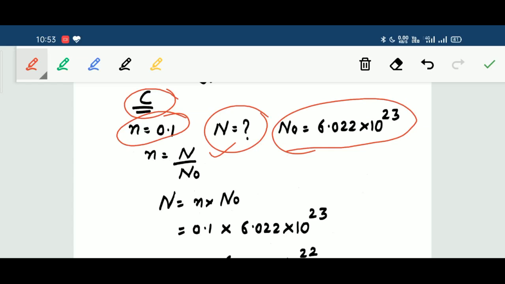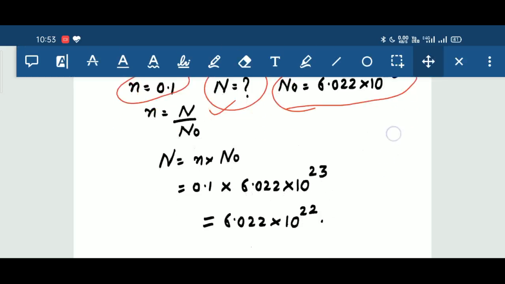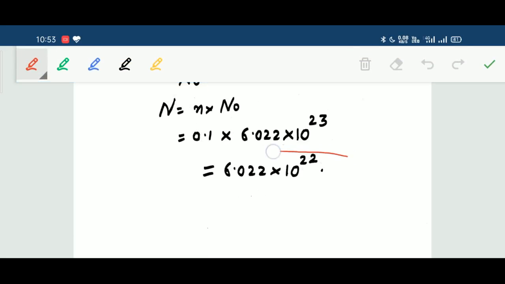In this case, the formula is C. That means in this case, the smallest particle will be your atoms. So we have to find the number of carbon atoms, and using this formula, the answer comes out to be again 6.022 into 10 raised to 22. So this is how we solve the numericals which establish the relation between moles and number of particles.